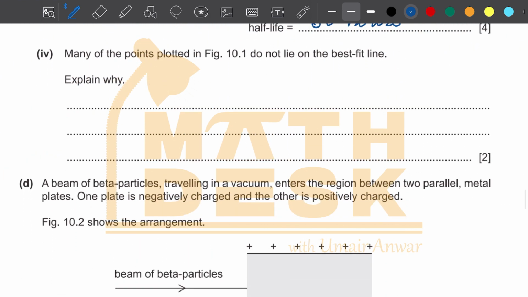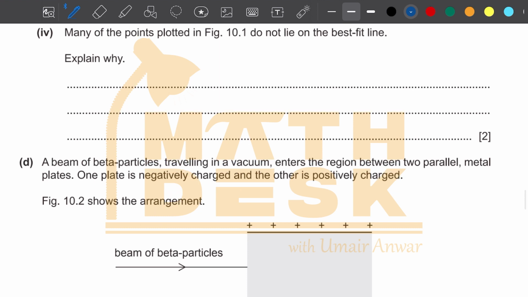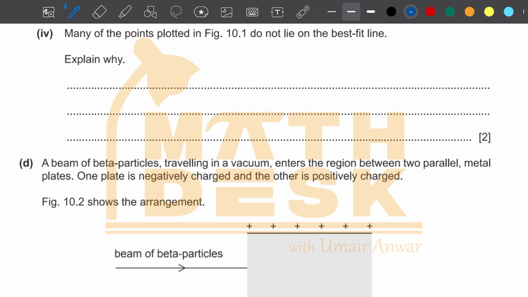The next part says many of the points plotted in figure 10.1 do not lie on the best fit line. Explain why.